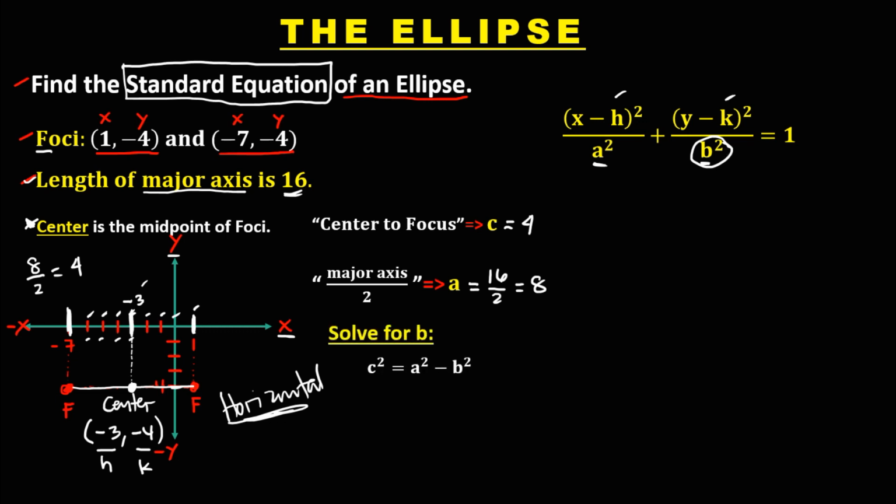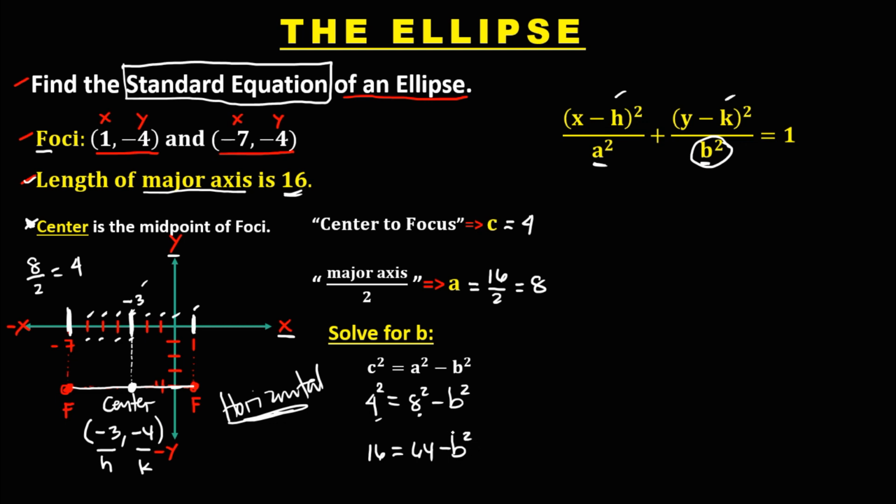But take note that we still need to solve for the value of b, using the formula c squared equals a squared minus b squared. Then substitute the values. So c is 4 to the power 2 equals a is 8 to the power 2 minus b squared. To simplify, 4 squared is 16, and 8 squared is 64, minus b squared.